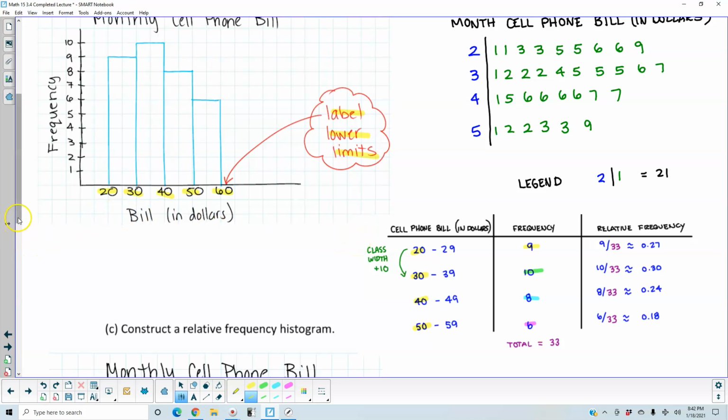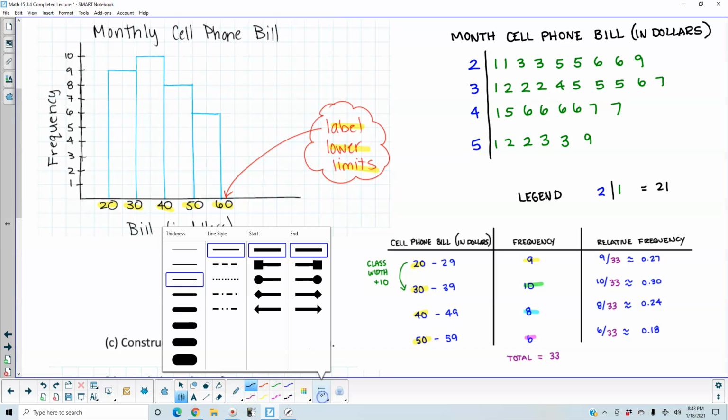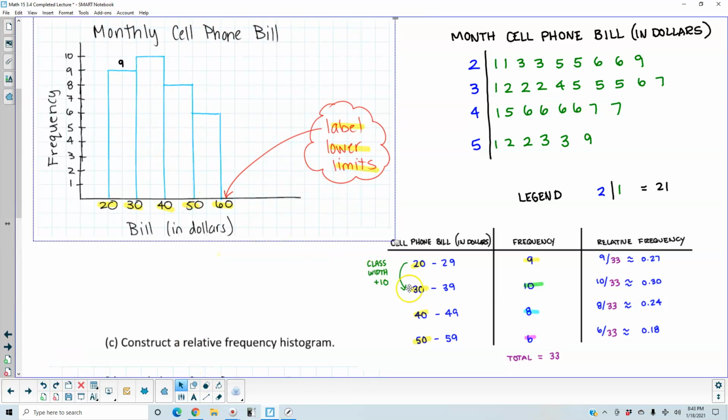Now what we're going to do is draw and write the values for each bar. Between 20 and 30, this should be at a height of 9. Next, between 30 and 39, this goes all the way up to 10.